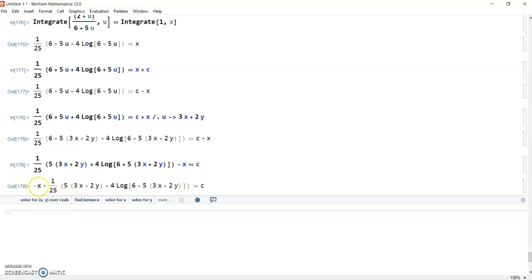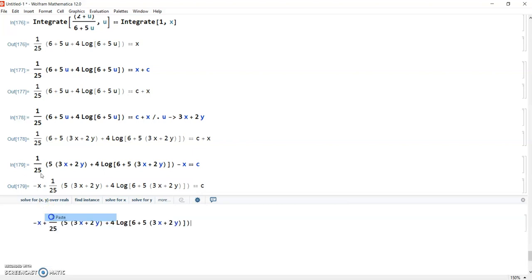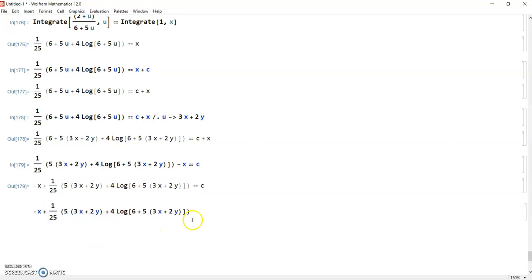So now we need to find the value of this constant. So the value of this constant is given by this expression, and then from the initial value conditions. Okay, so we need to input over here the initial values. So what are the initial values? y is minus 1, x is minus 1.